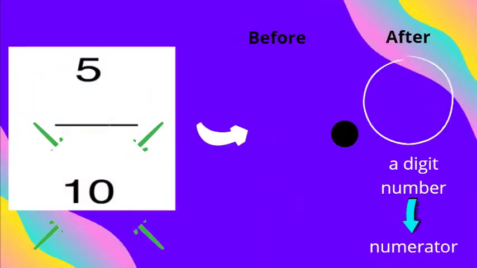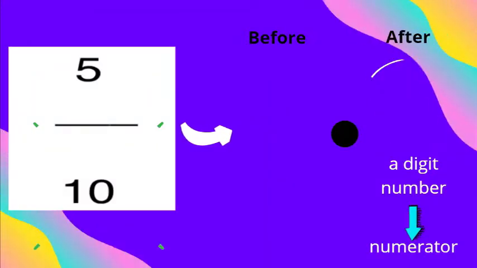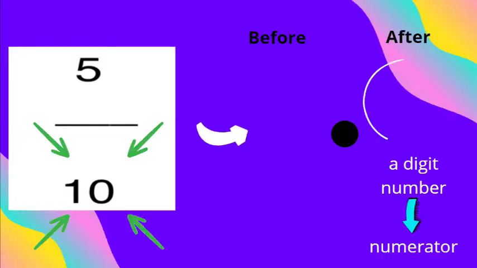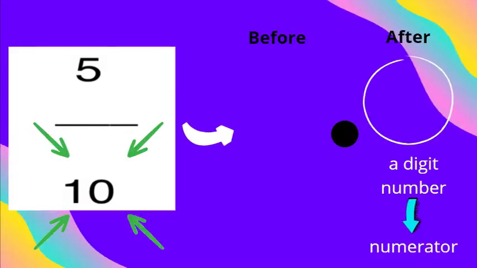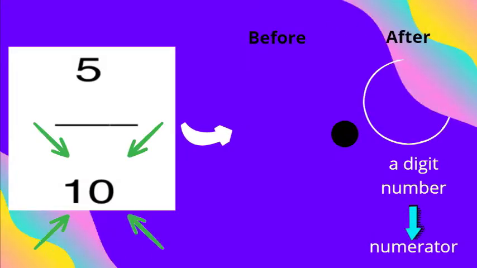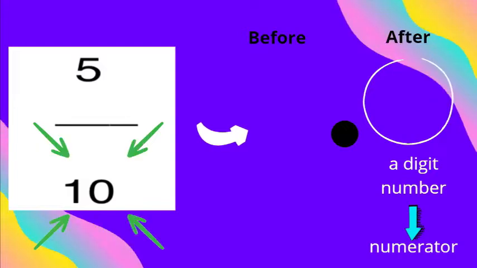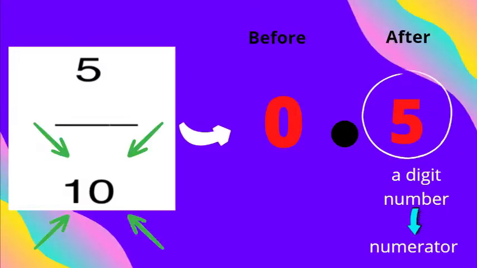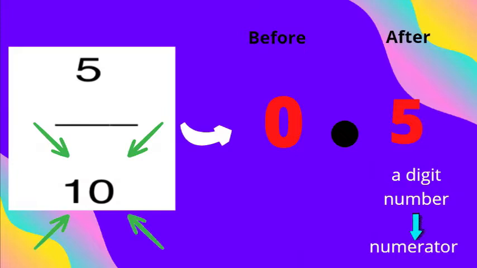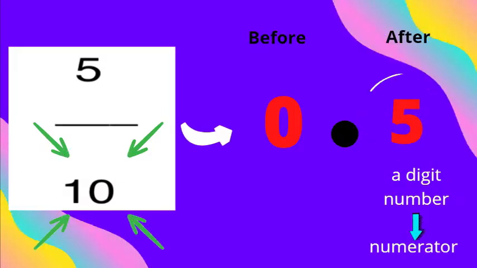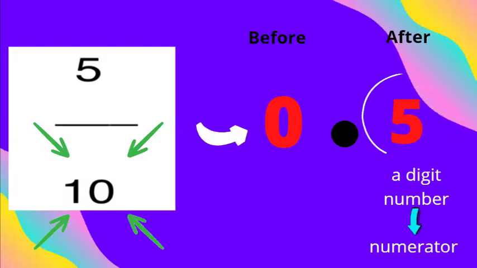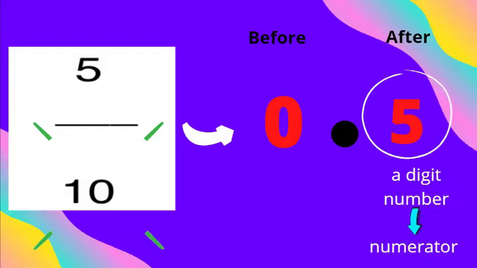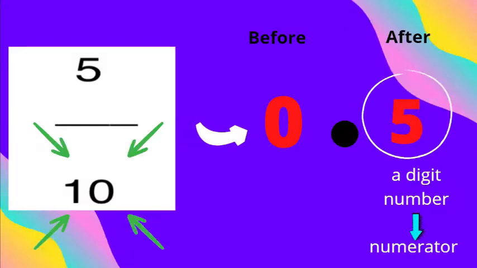Of course, the number that you need to write is the numerator. So since we have number 5 as the numerator in this example, it means you need to put number 5 after the dot. But before the dot, you need to write 0 as the whole part. So we will get 0.5 as the decimal form.